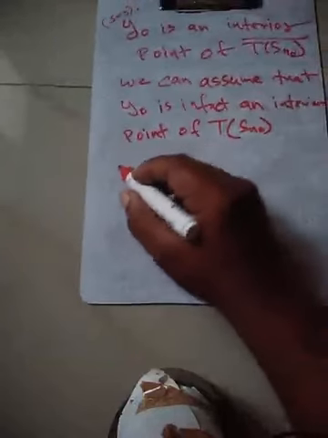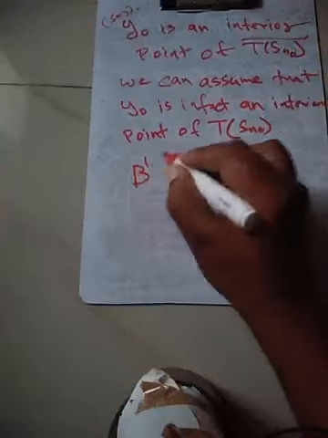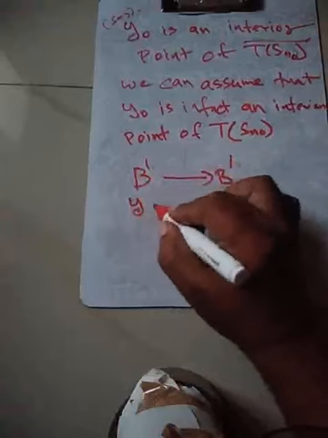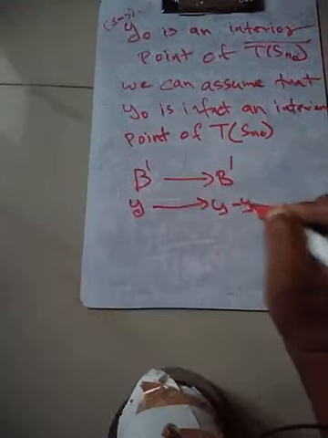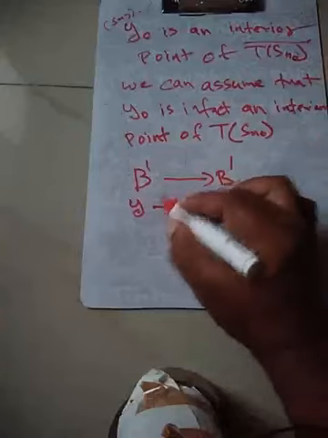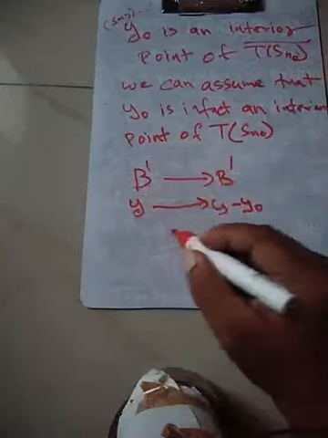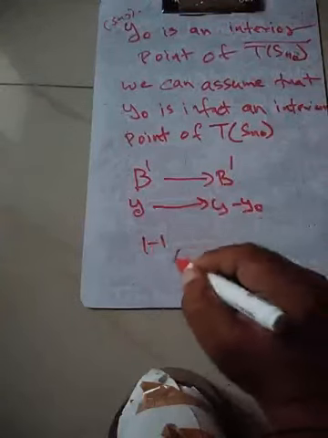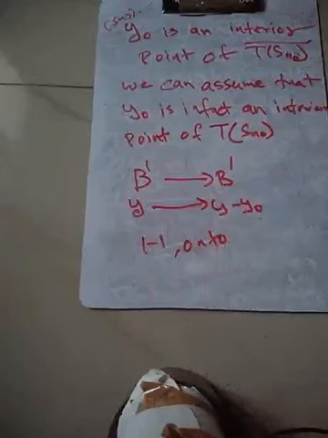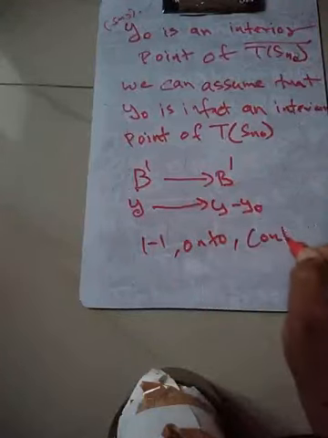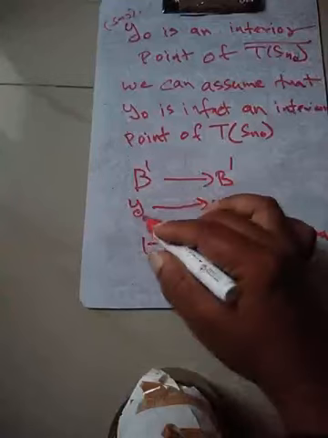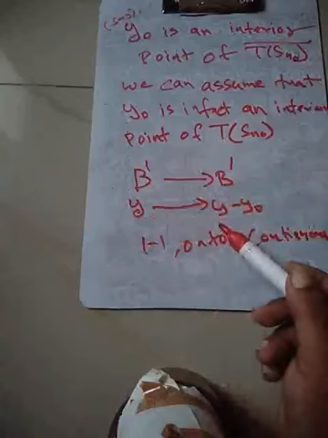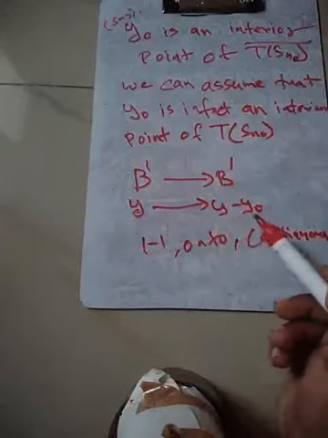If you consider the mapping from B' to B' sending y to y minus y0, you are just subtracting y0 from every element. This map is clearly one-to-one, onto, and continuous: if y_n is a sequence which converges to w, then y_n minus y0 converges to w minus y0.